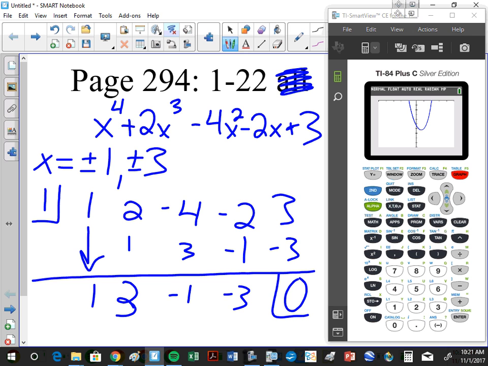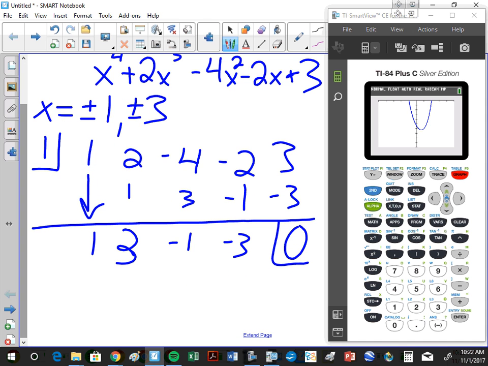Okay. Now I have a new equation. And what could go into that? Plus or minus 1 or plus or minus 3. Does 1 work? Yes. If you add 1, 3, negative 1, negative 3, it works. So I'm going to do synthetic division again. Put a 1 here.